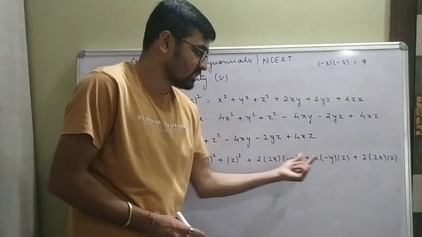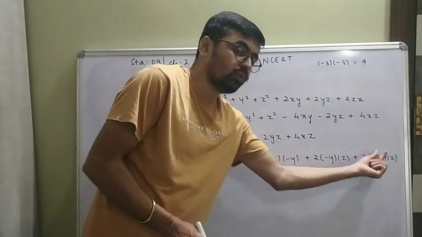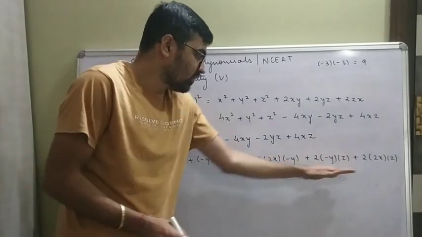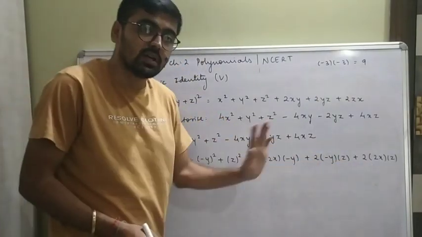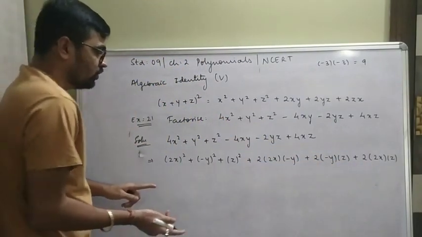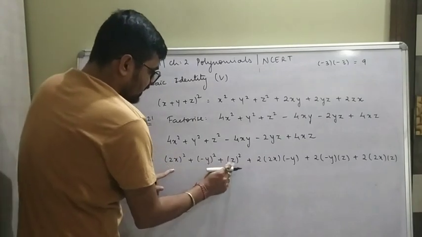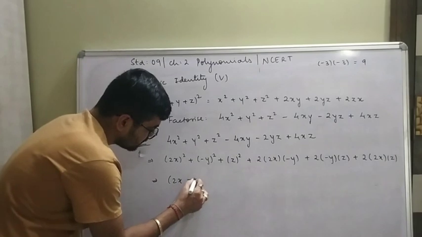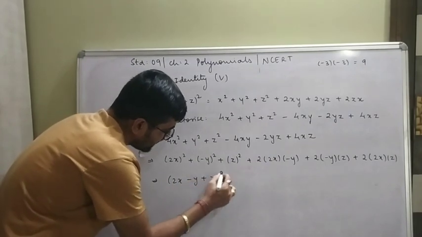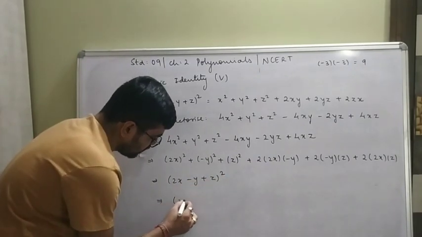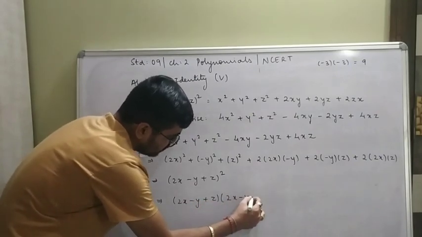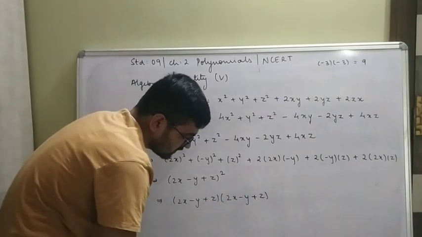Yes. 2 into 2, 4, 4 into 1, 4xz, that is also correct. So whatever I have done is correct. Now we put it together simply in addition, so it becomes 2x minus y plus z whole square. So my factors are 2x minus y plus z, 2x minus y plus z.